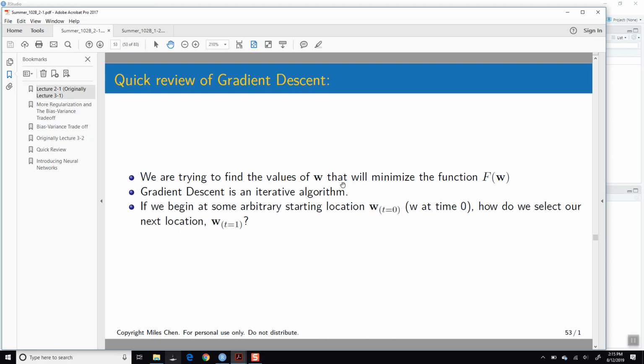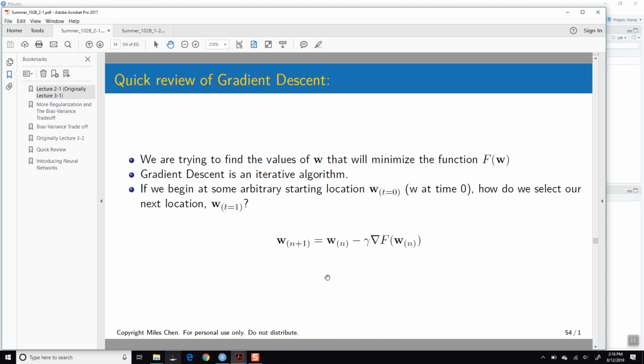So what we're going to do is basically use the same thing that we always did with gradient descent, except we just make our model a little bit more complicated, okay? So we want to find the values of W that minimize some function f, which in our case is usually our cost function, our loss function, whatever we call it. Gradient descent is an iterative algorithm, and we start at some location. How do we select our next location? We just walk downhill, right?